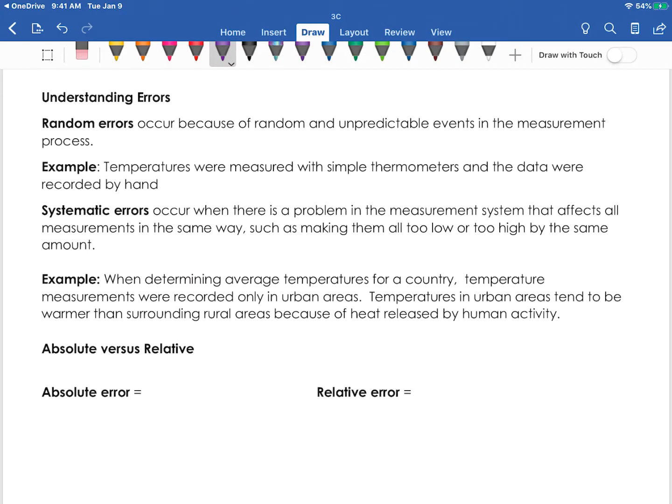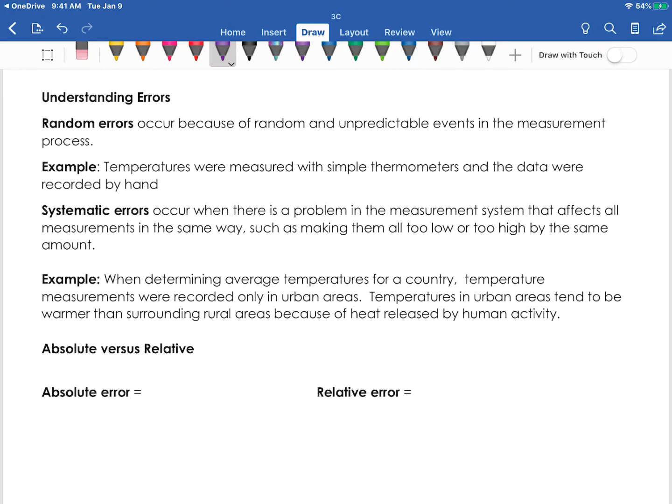If they did measurements in the cities and in the rural areas and averaged them together, it would be a better measurement. But if someone is only measuring temperatures in the city, that average temperature is going to be systematically higher.